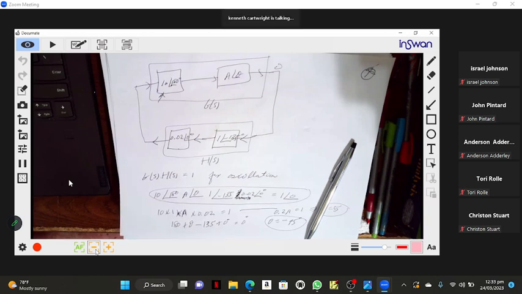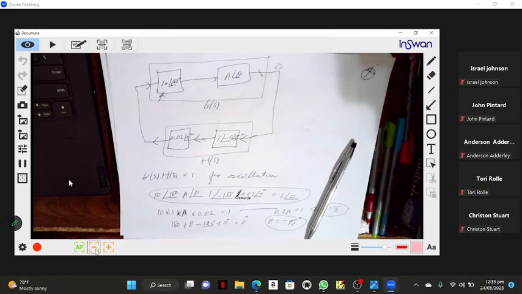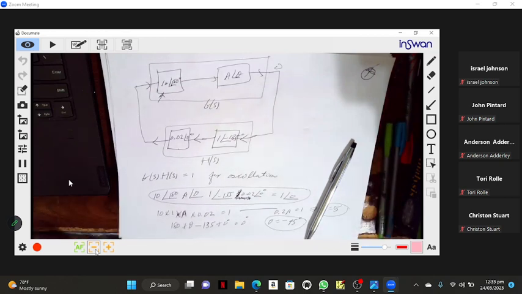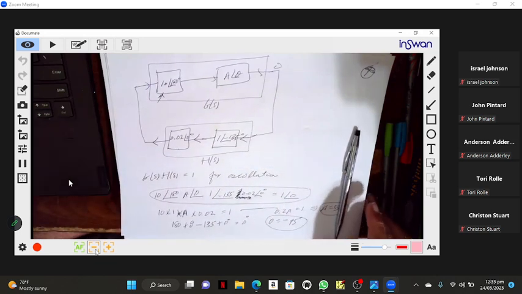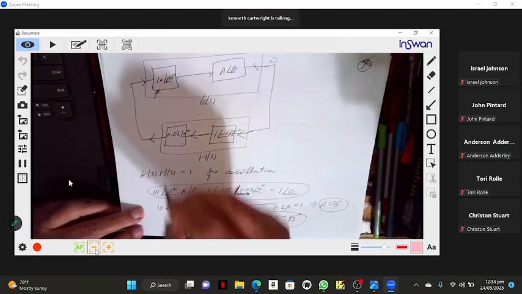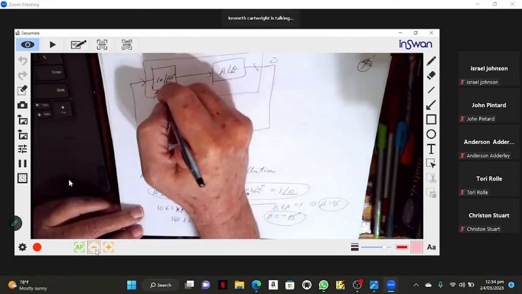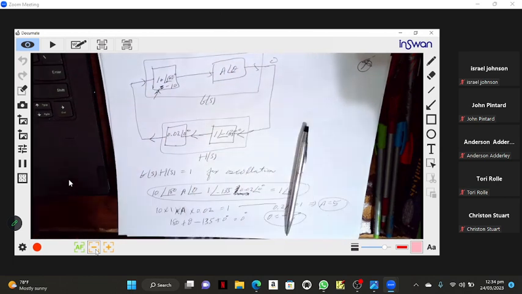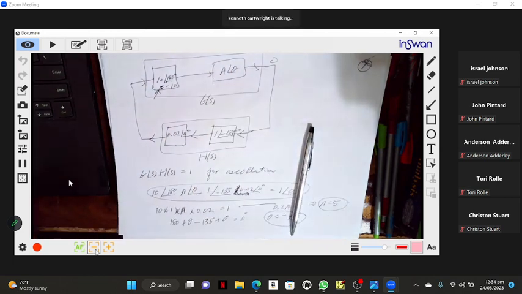What's another way of writing 10 at 180? Ten at 180 is the same thing as negative 10. Any number at 180 is a negative number.